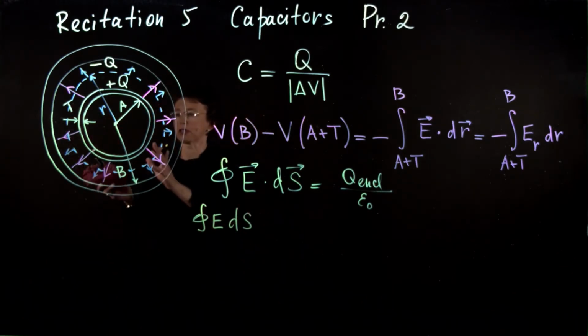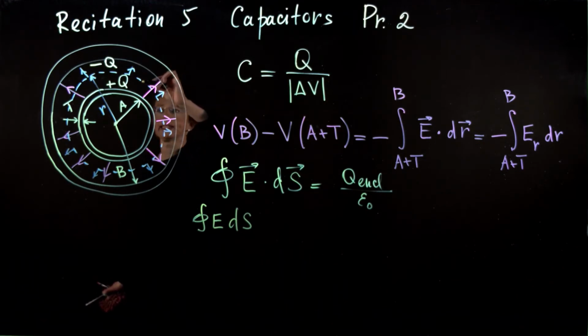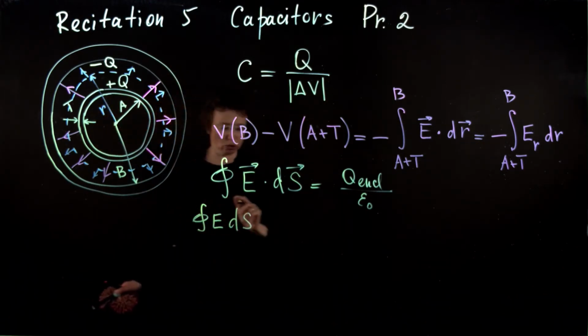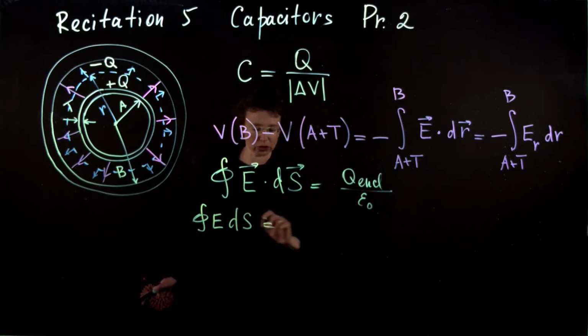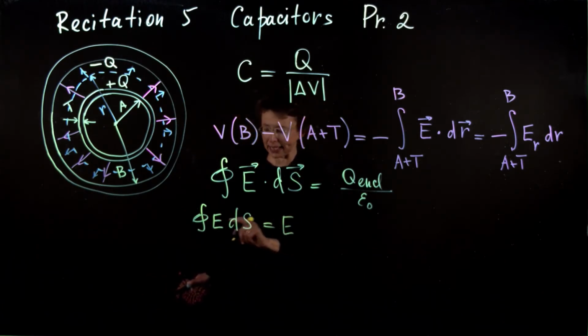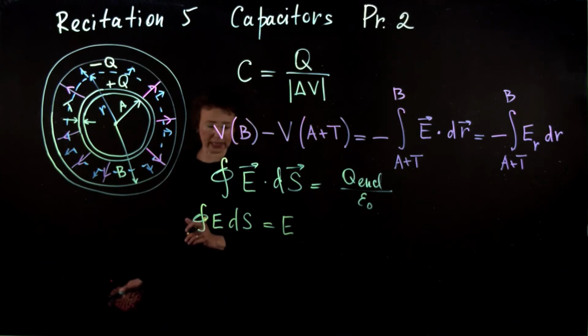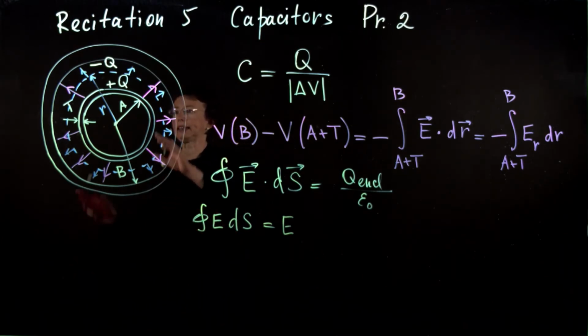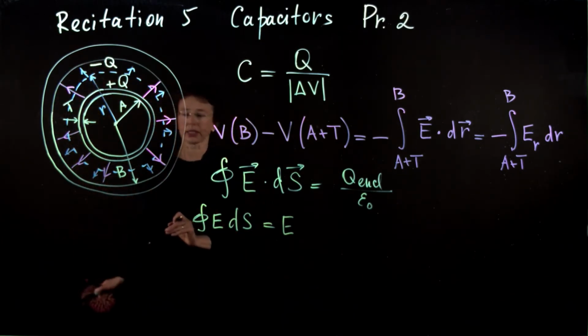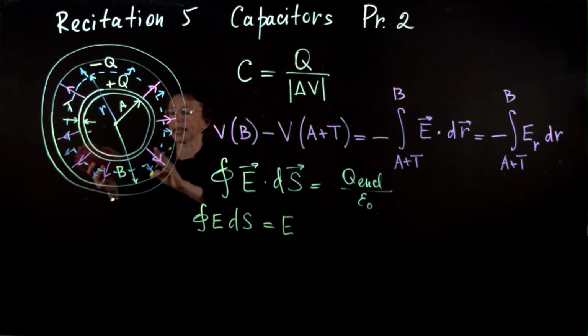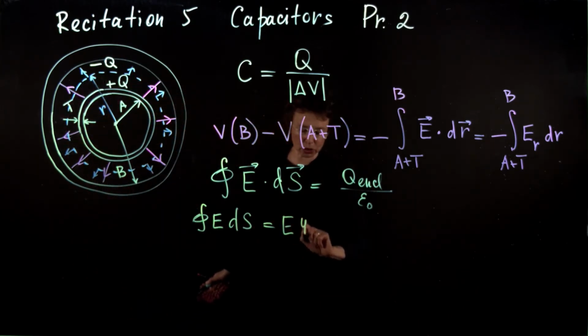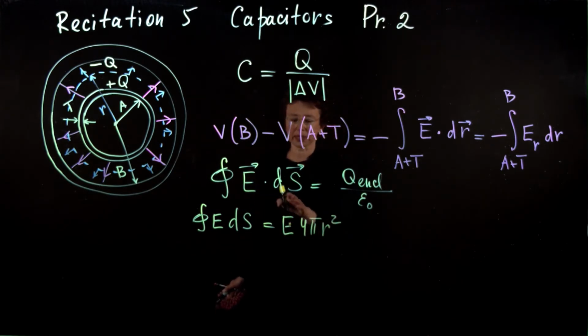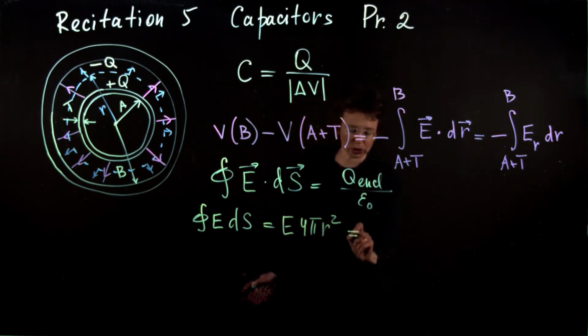From symmetry, the electric field is the same at each point of my Gaussian surface. There is no specific direction. I take E out of this integral since it is constant, and the integral of dS is S, the area of my Gaussian surface. It is 4 pi r squared. This is the left-hand side of Gauss's law.